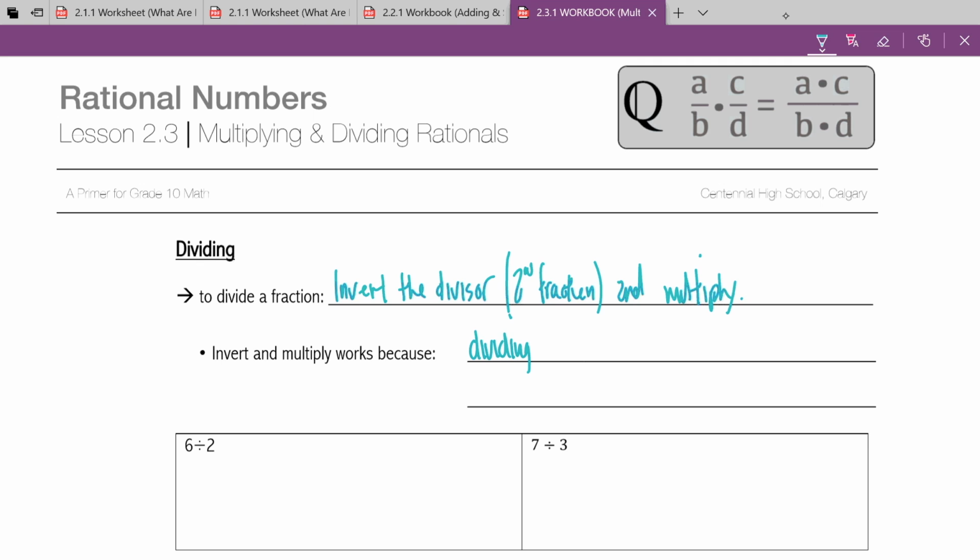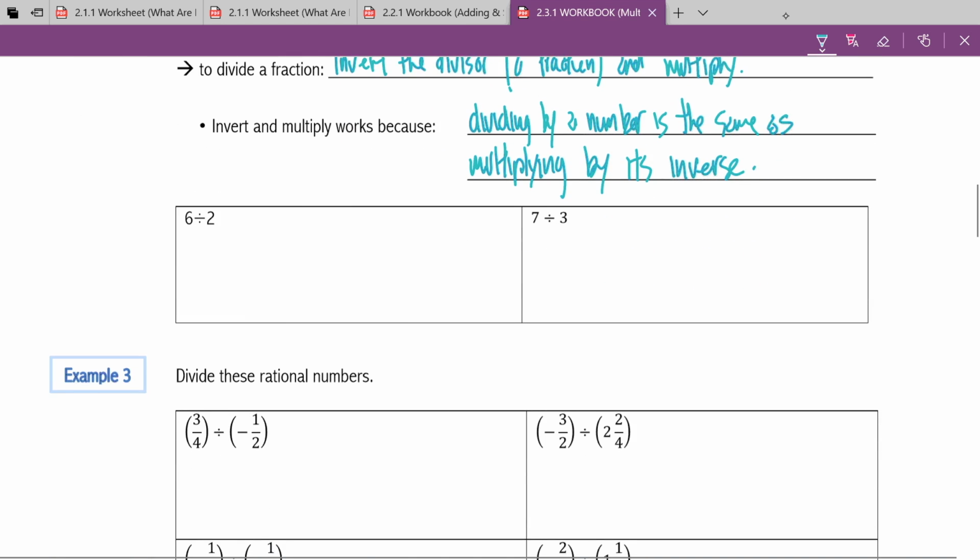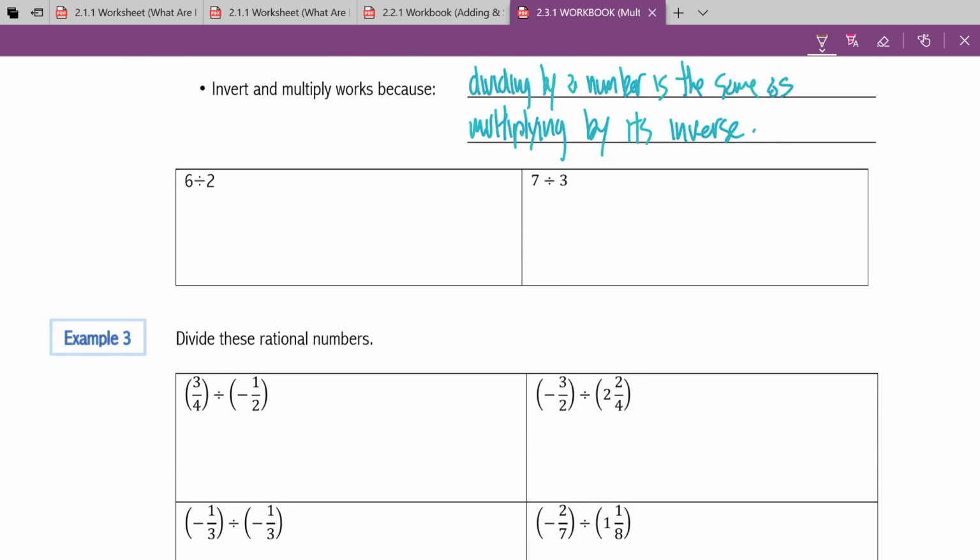It works because dividing a number by anything is the same as multiplying that number by its inverse. That's why it works. Let me show you a couple of quick examples. 6 divided by 2 quite obviously is 3. You know that, there's no magic.